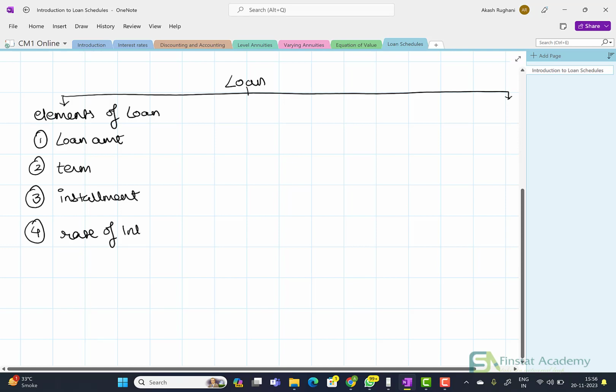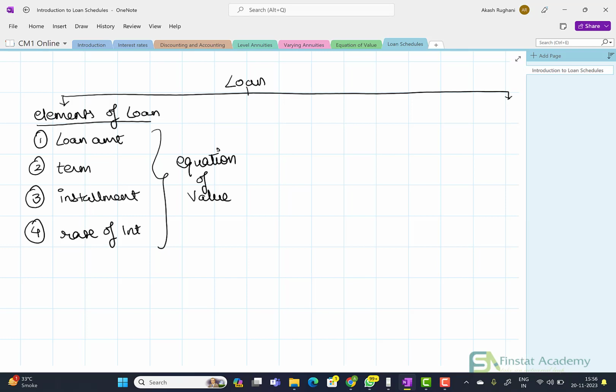Irrespective of which element is asked, all of these will be solved by the equation of value. I just have to make present value of cash inflow equal to present value of cash outflow and find any one of these. I'll make my equation of value and find either the loan amount, the term, the installment or the rate of interest, depending upon what is asked in the question.